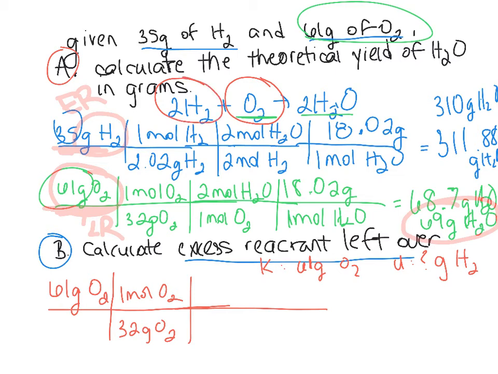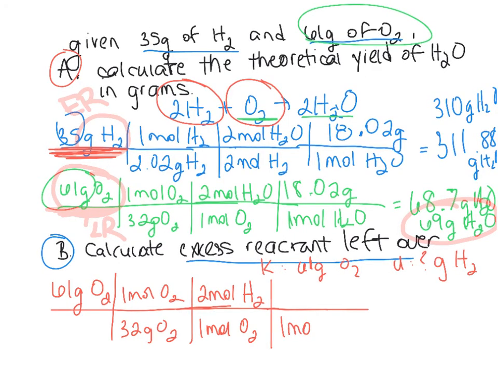It doesn't matter. It just has to be 2 things, okay? So I have 1 mole of O2 here, 2 moles of H2 on top. Now I want to go to grams. I know I want to go to grams because my excess reactant amount is in grams, so I'm going to have to end up subtracting those, so I need to go all the way to grams.